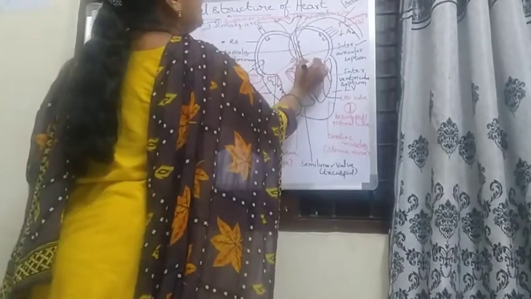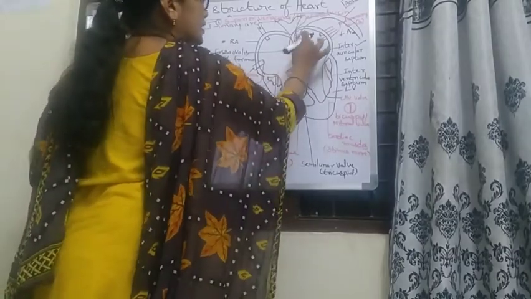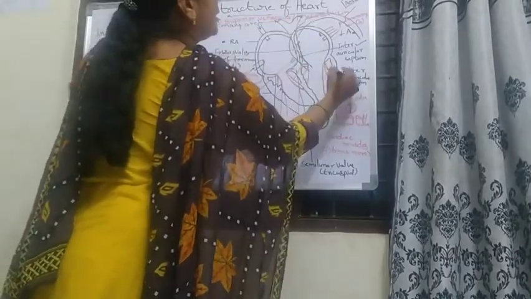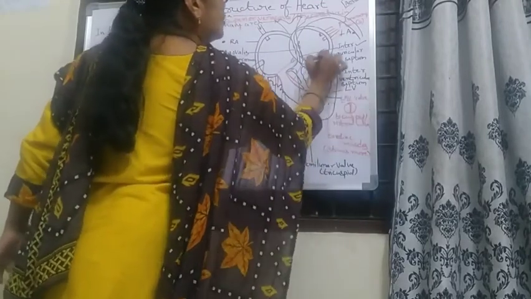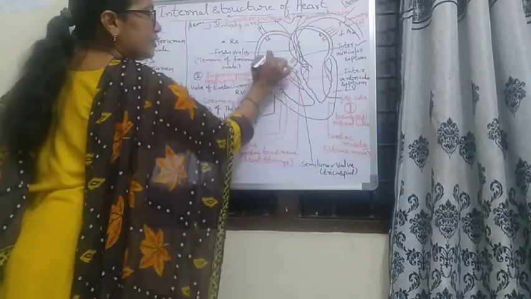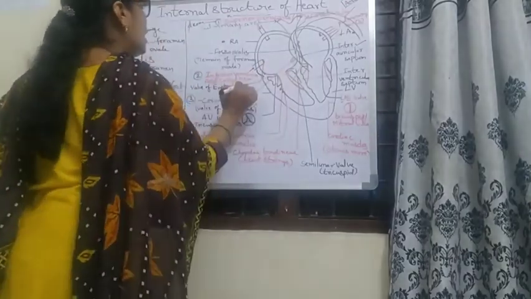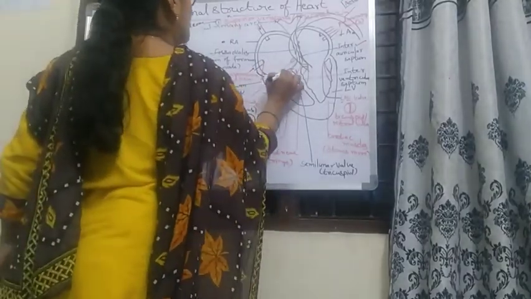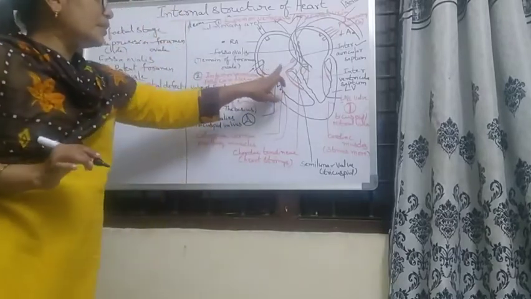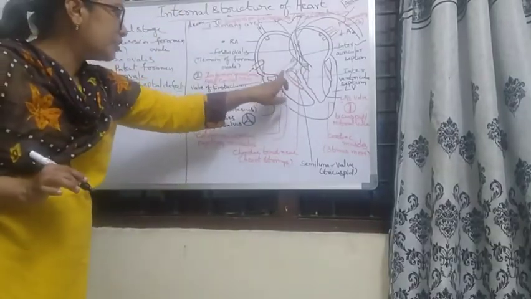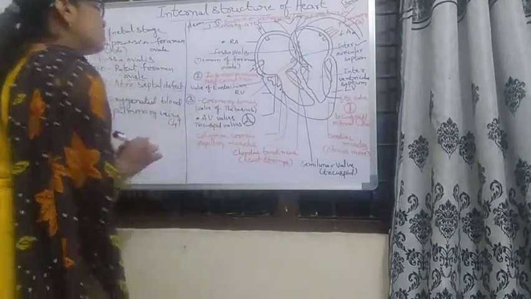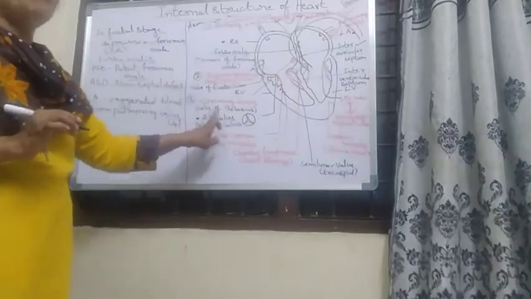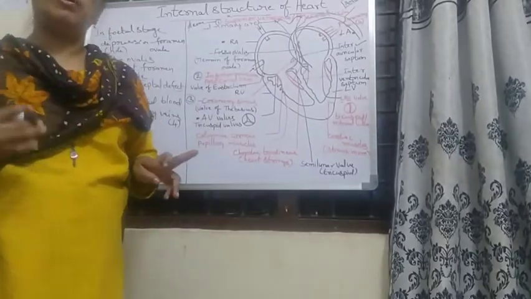Between the two atria, they are separated by the interatrial septum, and the atria and ventricles are separated by the right and left atrioventricular septum, which contain the walls called AV walls, atrioventricular walls.